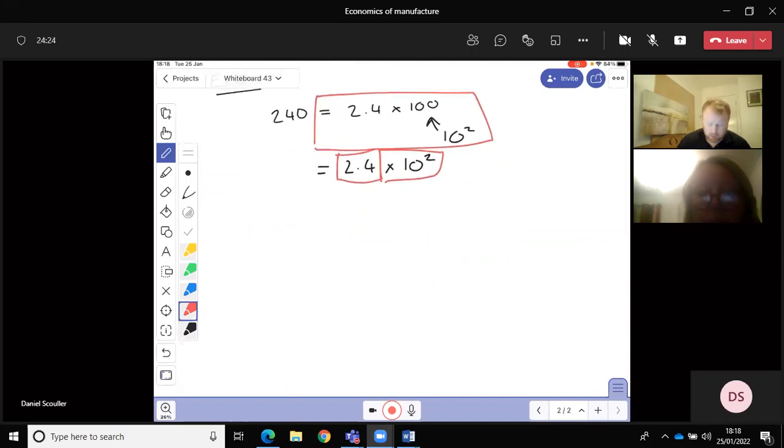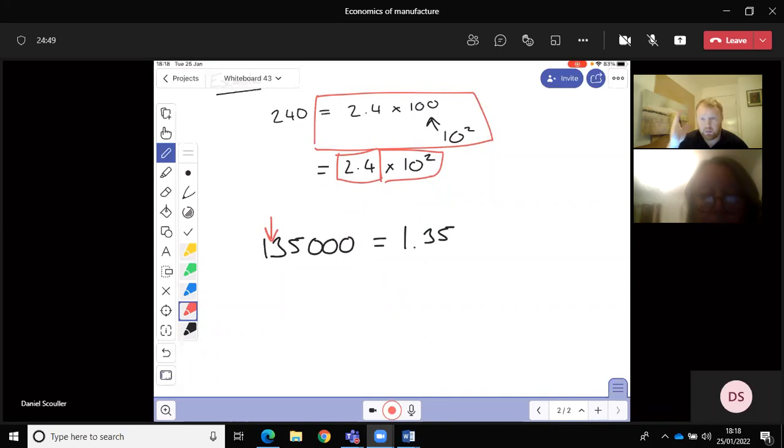So let's put a bit bigger number. Say 135,000. I can write that as 1.35. I've moved the decimal in here to get me a number between 1 and 9, so 1.35 is greater than 1, less than 9.